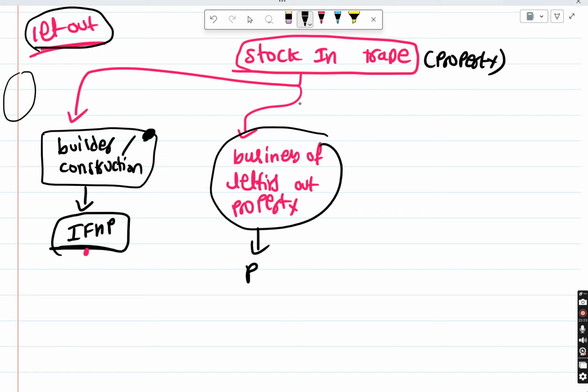This is simple PGBP, because that is your business. In this scenario, it is not your business. See, here also business, this is also business. A is also business, B is also business. What is our stock in trade? Property. But in case of A, our business is building and construction, not letting out.